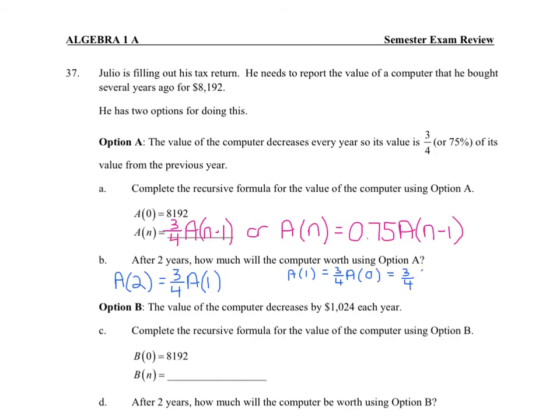So 3/4 times 8,192 is $6,144. Then A of 2 is 3/4 of $6,144, and that's going to equal $4,608.